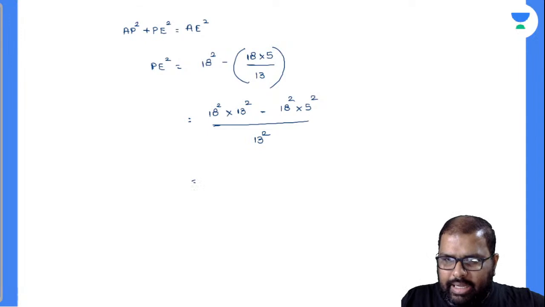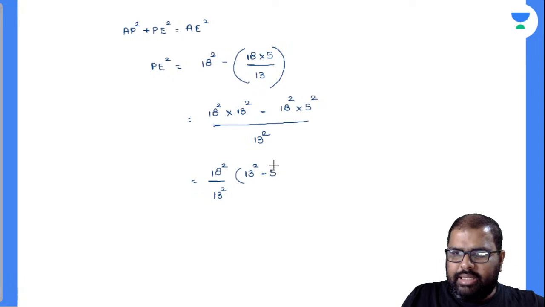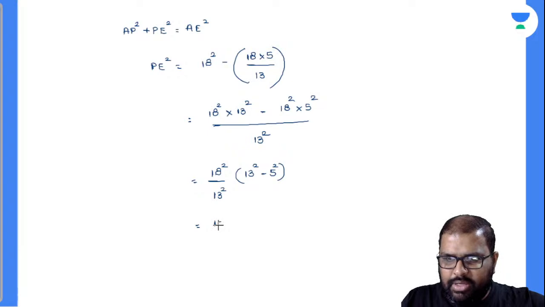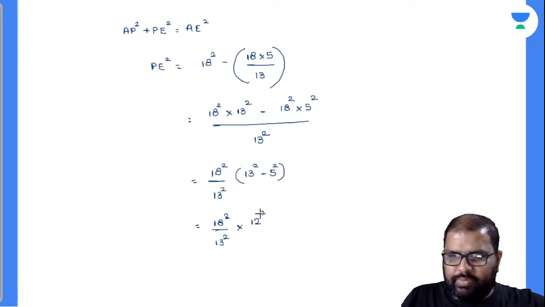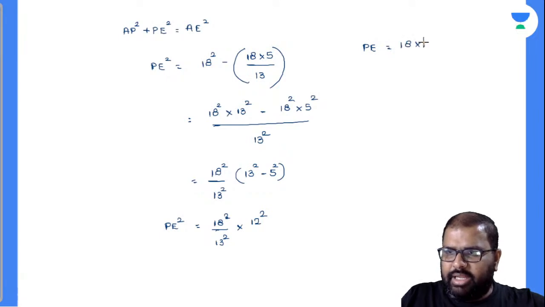Now I can take 18 square by 13 square as common, and 13 square minus 5 square will be left over. 169 minus 25 will be 144, which is 12 square. Am I right or wrong? So 18 square by 13 square times 12 square is your PE square value. Now I want my PE value. PE value is equal to 18 into 12 by 13.